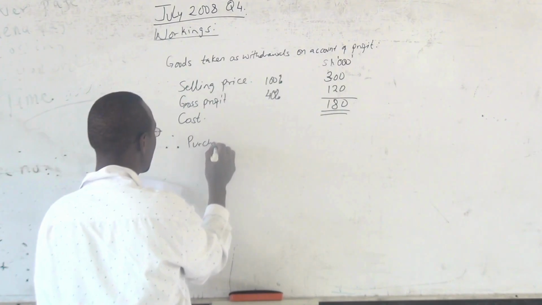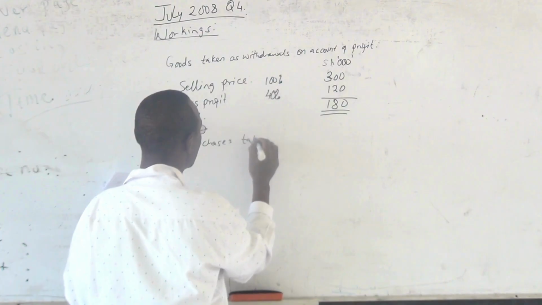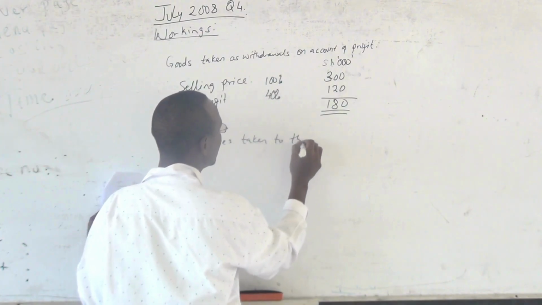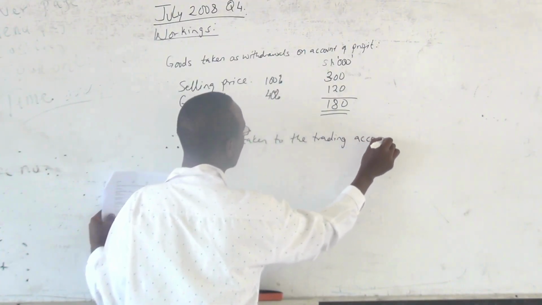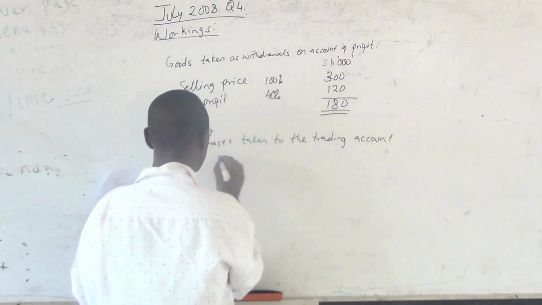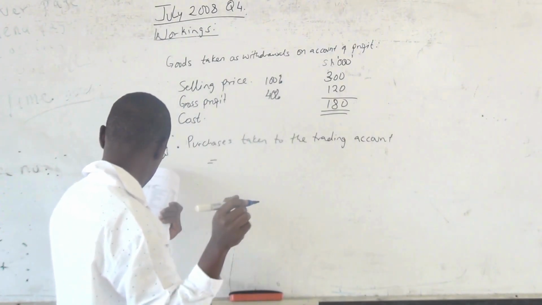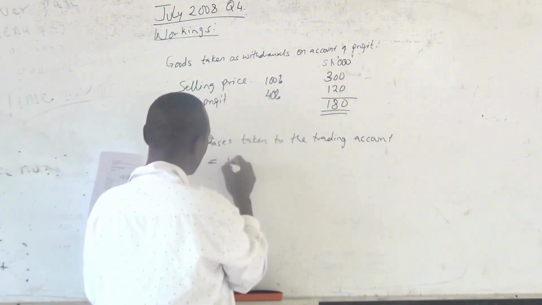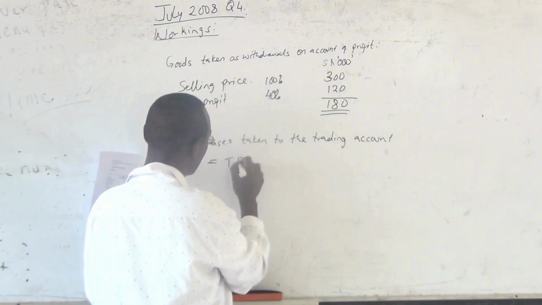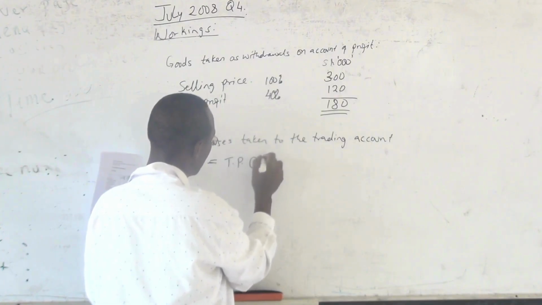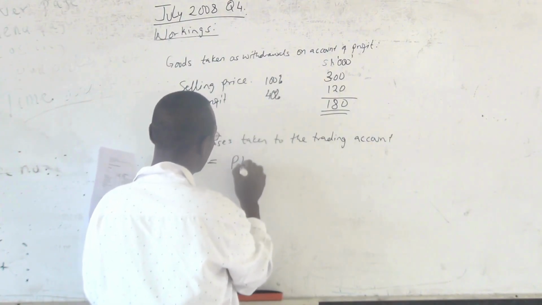Therefore, purchases taken to the trading account. How much are the purchases we saw in the purchase ledger control account? Okay? It's literally called trade payables control accounts, return purchases ledger control.